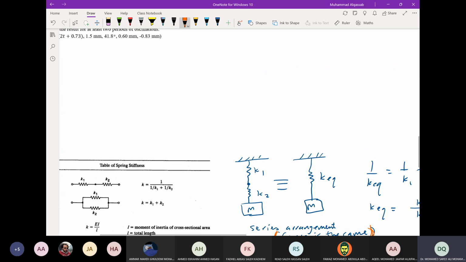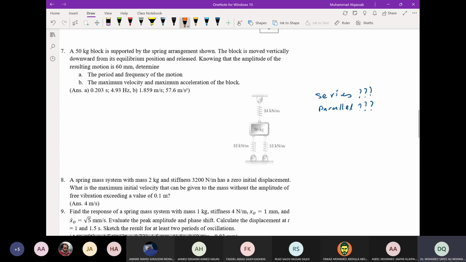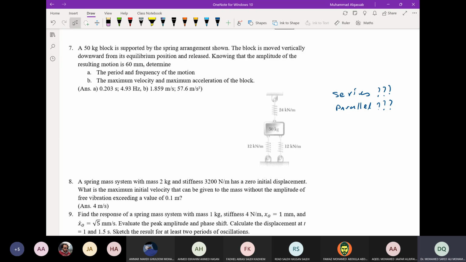So we can apply this on this problem. Now, the 3 springs are fixed at one point. This is fixed here, and also this is fixed here. So all the springs are fixed at one point, and at the other point they are attached to the mass.